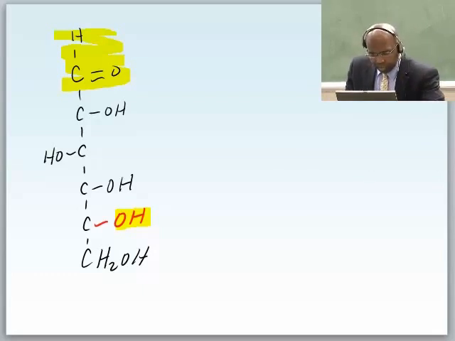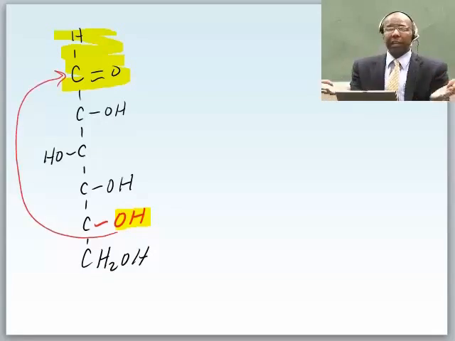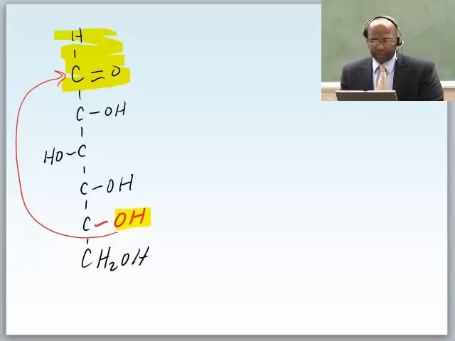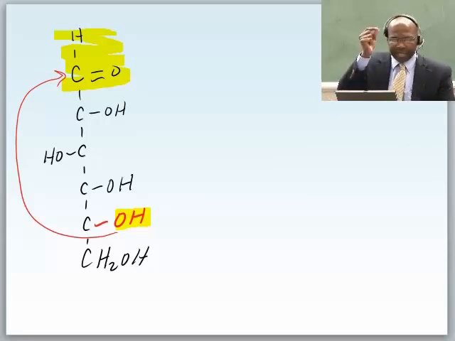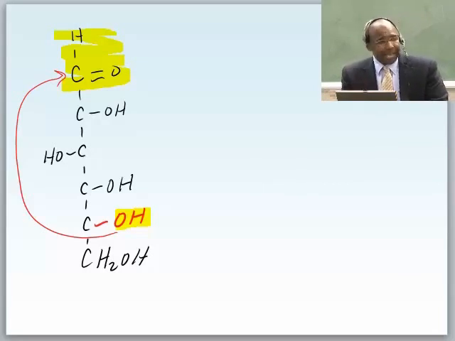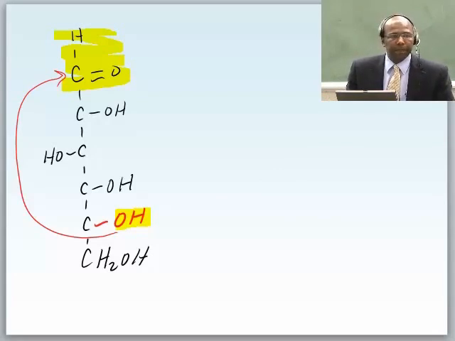And so these electrons are going to go around and attack that carbonyl to make the ring of glucose. So we're going to go from the straight chain to the ring. So now we have an aldehyde and an alcohol, and we're going to convert that into a hemiacetal, and that's the closed ring. Question?